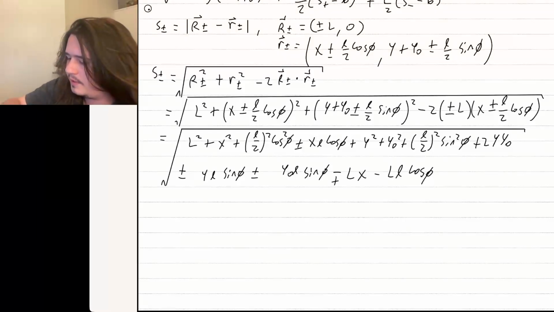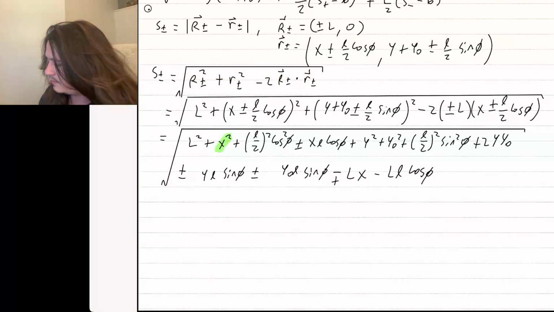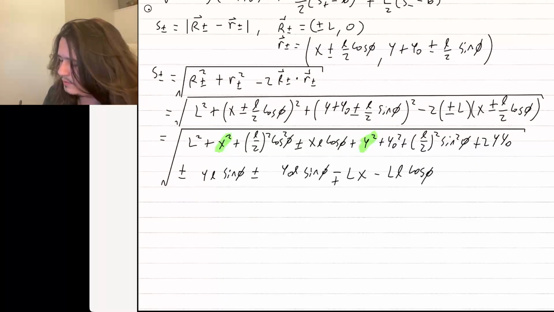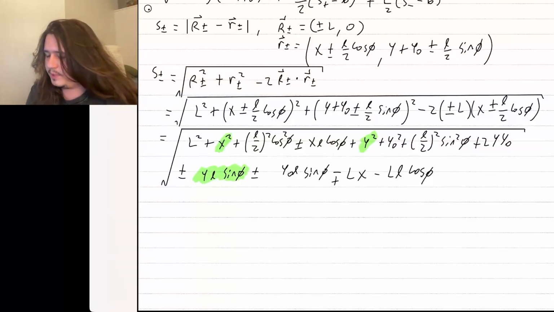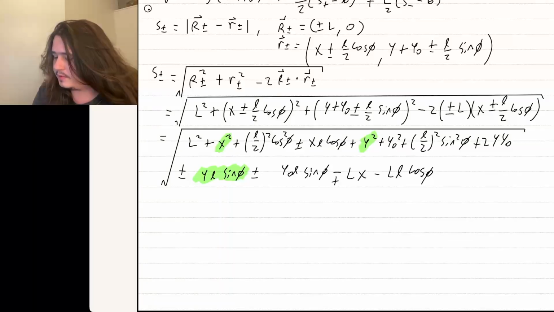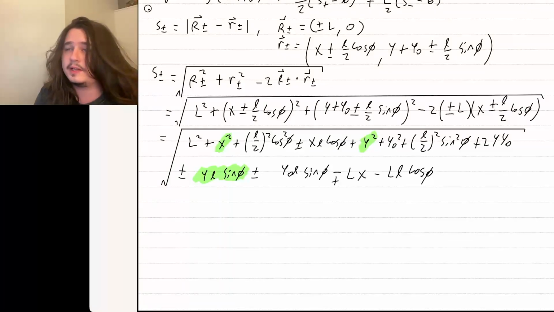So we're going to get rid of this guy here that's on the order of x squared. We're going to get rid of the y squared thing, since that's proportional to y squared. And then there's this guy yl sine phi, because whenever you Taylor expand sine, you just get back the angle itself. So that is proportional to two of our generalized coordinates multiplied by each other, so we're going to ignore it as we go.